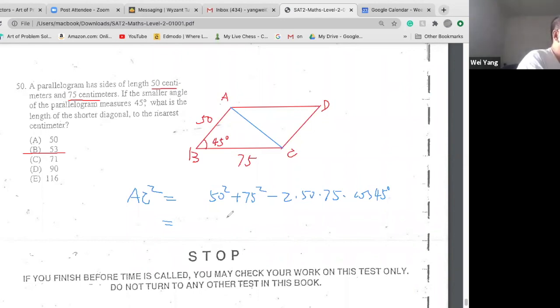Okay, 53.119 something. So the correct answer is 53. Very good. So your answer is right.